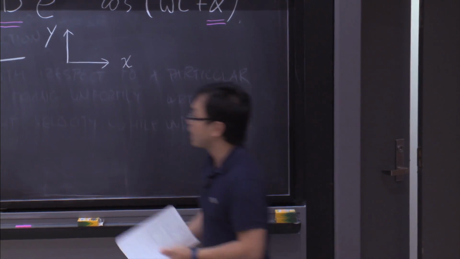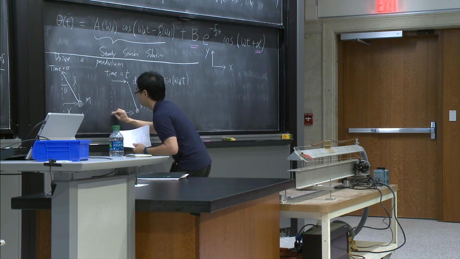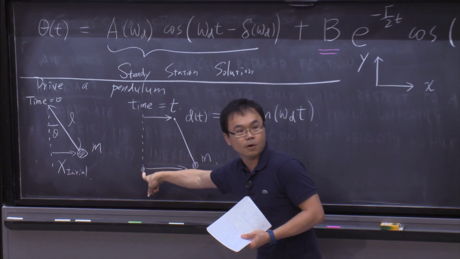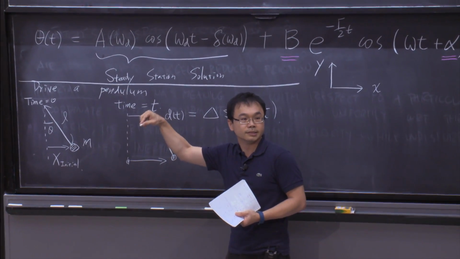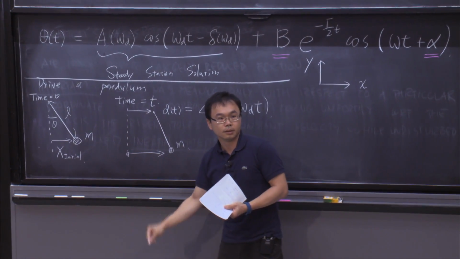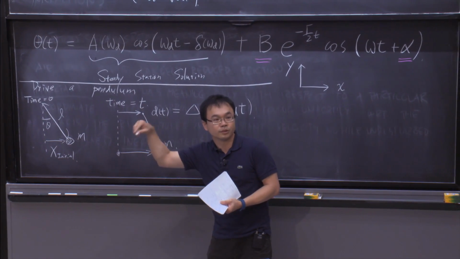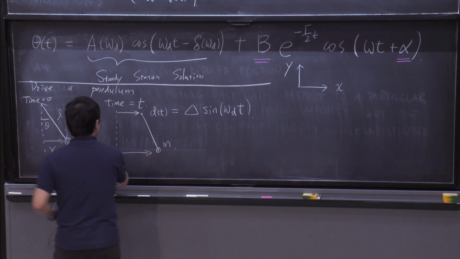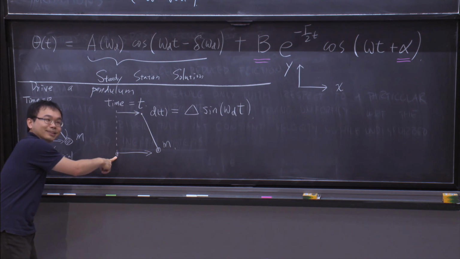I define my origin to be the original position of the ball when it is completely at rest before I do the experiment. That is the equilibrium position of this system.